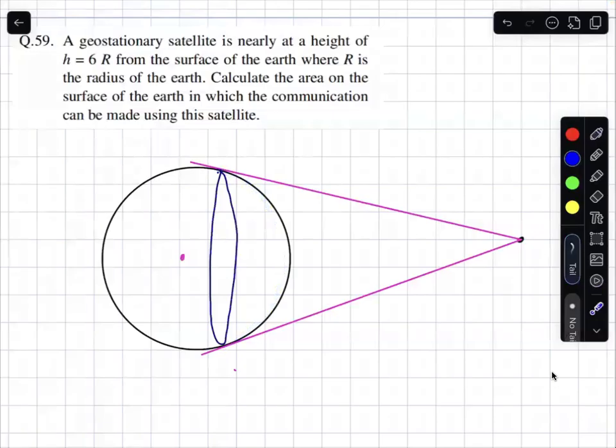Rest, no one has an idea that such a satellite exists. Now, very clear, geometry is important here.